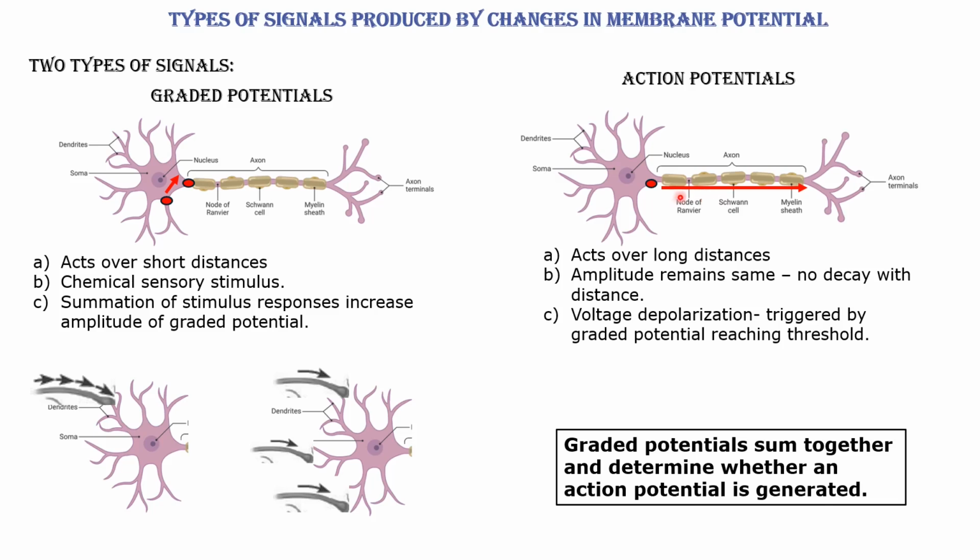So action potentials operate over long distances, whereas graded potentials are weaker depolarizations which occur over short distances. The summation of the graded potential, when it crosses a certain threshold, gives rise to the action potential which travels down the axon.